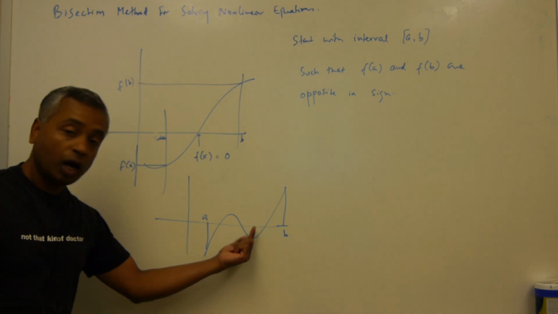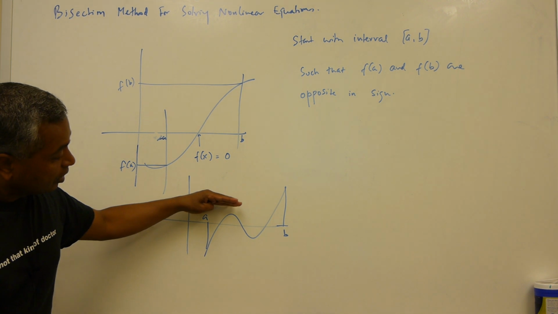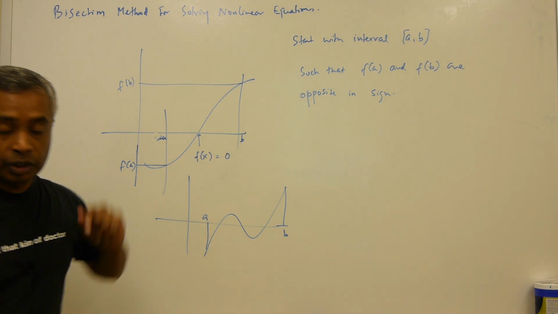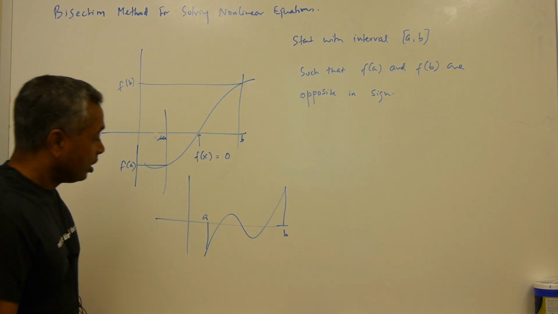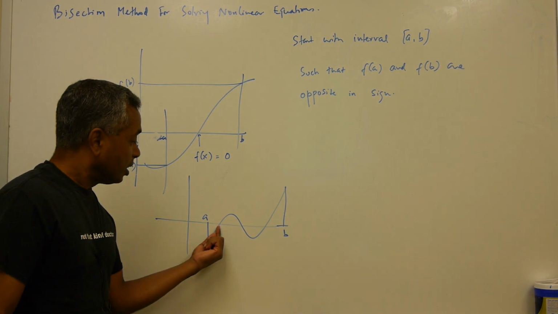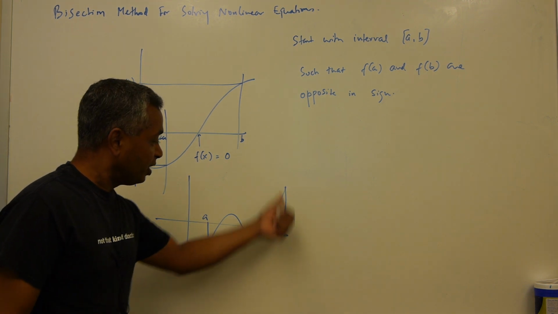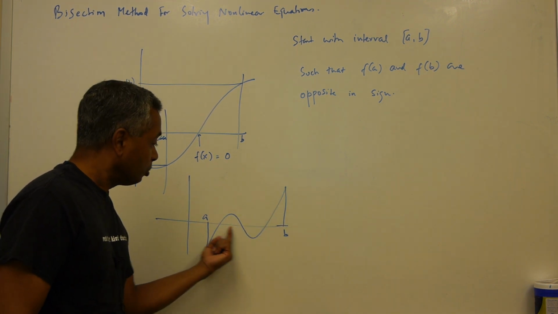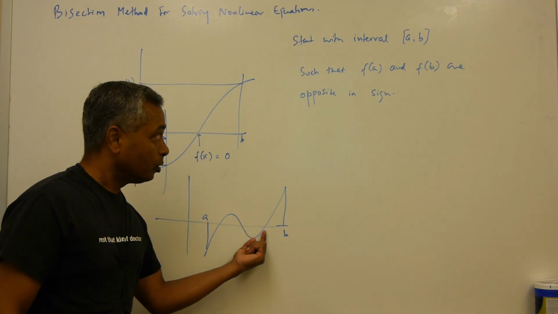In fact, you will have an odd number of roots. I'm assuming that the derivative at the root is not equal to 0. We'll get back to that point later. For now, we assume that these crossings are such that if you have f(a) and f(b) flipping in sign, then I'm arguing that the number of crossings will be odd. So at least there will be one.